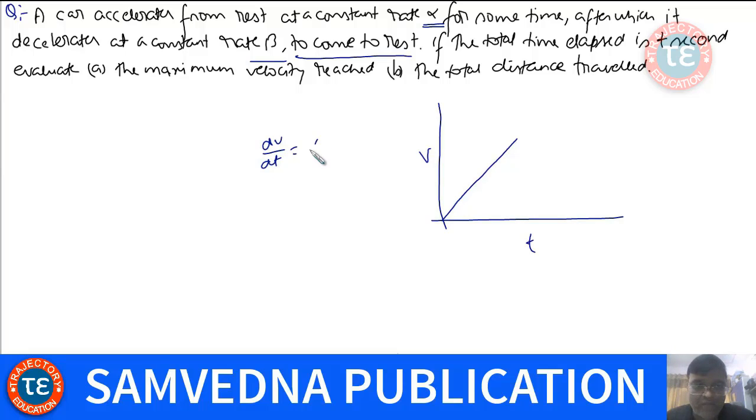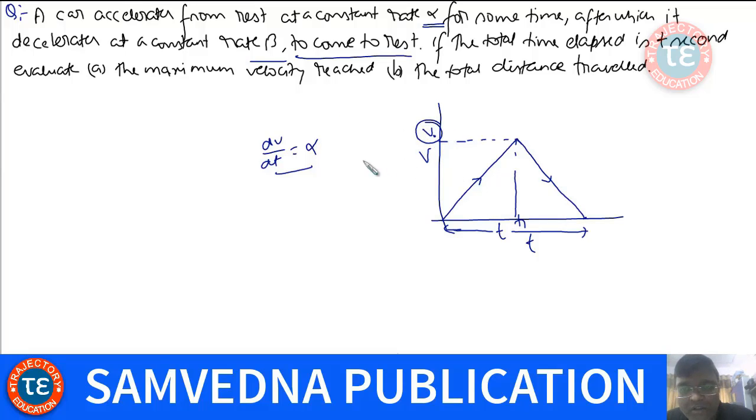Velocity increases at a constant rate, dv by dt is alpha, so it increases linearly. Then it reaches some value, call it v naught, and then it starts falling, decelerates and goes to 0 again, and the total time taken is T. Suppose it accelerates for t1 time, and then from t1 to T it decelerates.